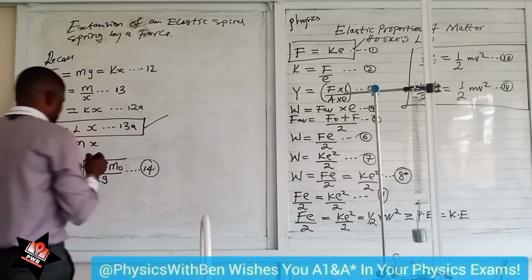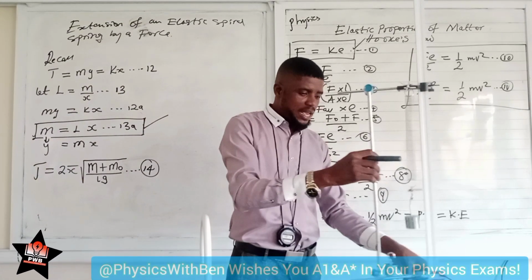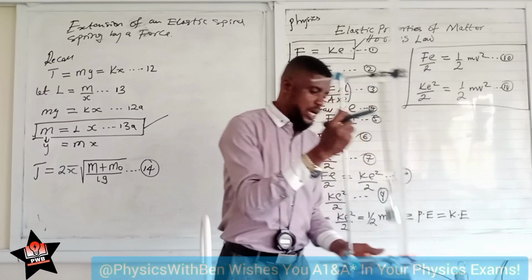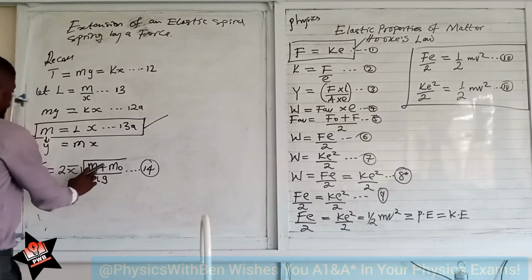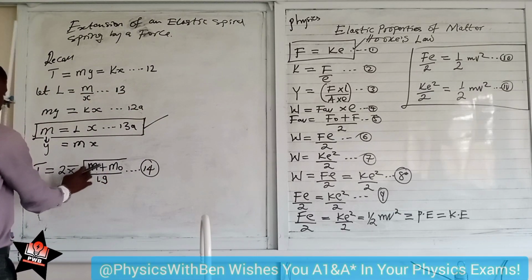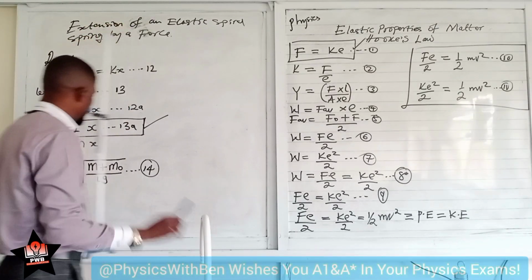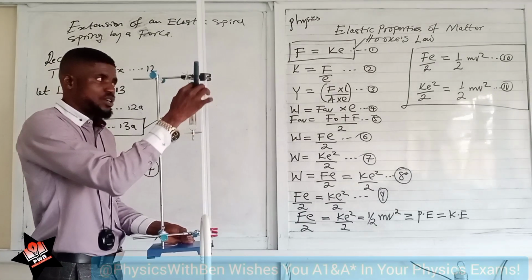Equation number 14 is the equation that explains the physics behind everything you are seeing here. M stands for slotted masses, and m naught stands for the mass of the spring.